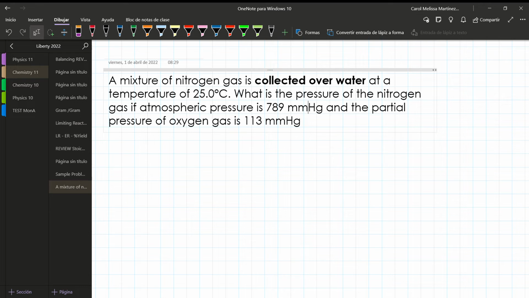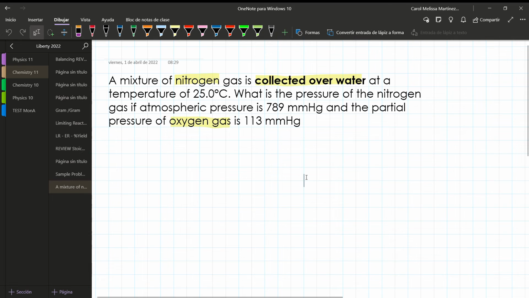So, how many gases are in this mixture? Three. Okay, I have nitrogen, I have oxygen gas, and of course, because it says collected over water, I know that I have water vapor.